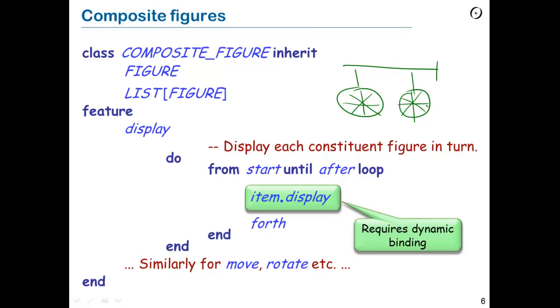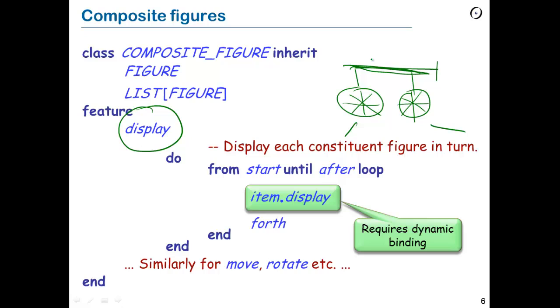So in that case, when we get to this particular element, the first wheel, or the second wheel, the display feature that we find in the application of dynamic binding is going to be exactly this display, called recursively. On the other hand, if another figure of the bicycle is, for example, a bar, then there's nothing recursive here. We do apply dynamic binding.